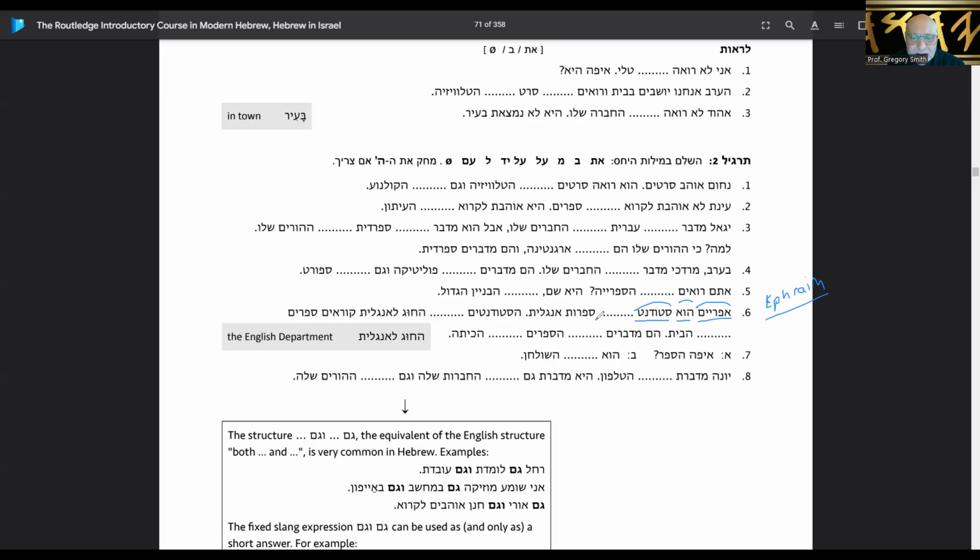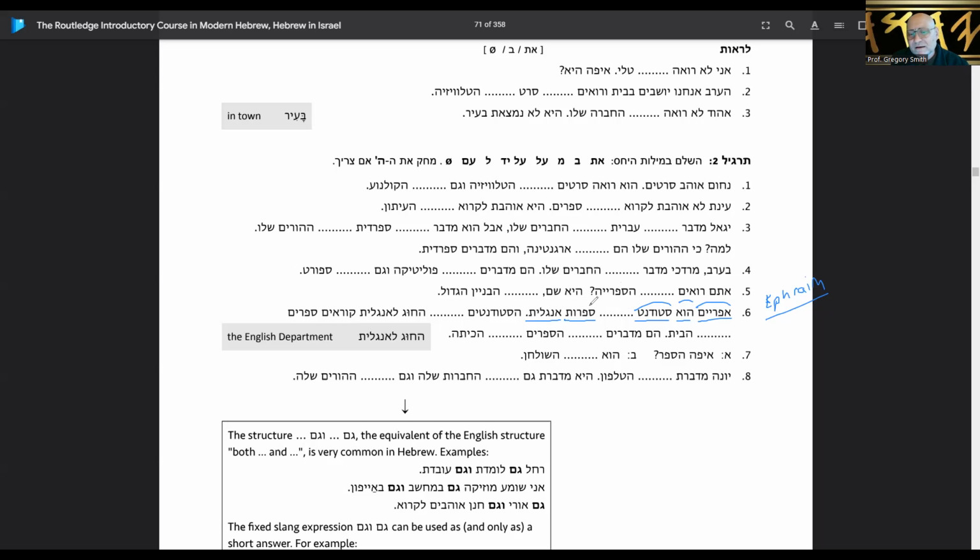Who student blank Sefrot Anglit. Okay, and what's that Sefrot again? Sefrot Anglit. Okay, that's right. That literally means like literature. Sefrut ספרות אנגלית, Sefrut Anglit. So it's English literature.